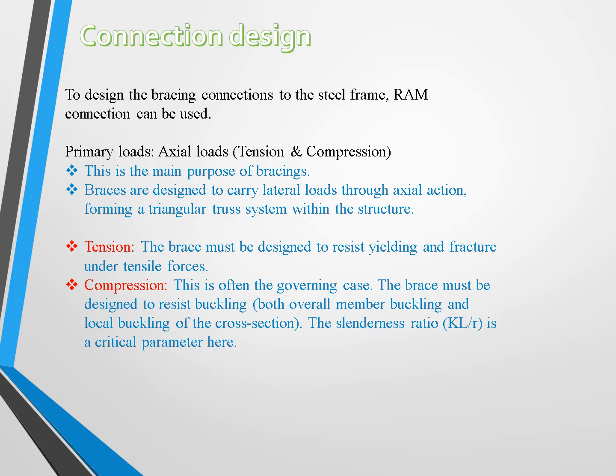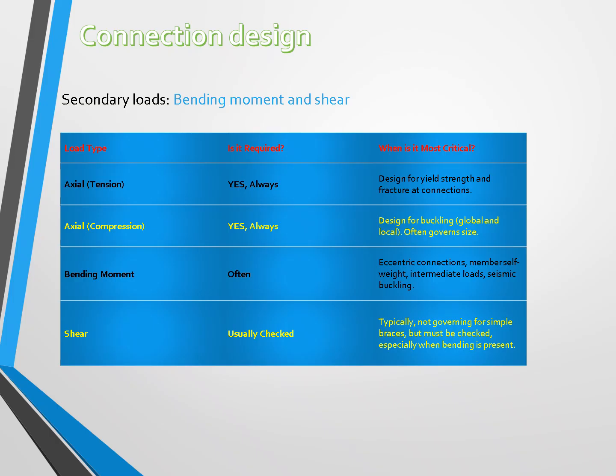K is the buckling factor, L is the length, and r is the radius of gyration. The primary loads are tension and compression, and the secondary loads are bending moment and shear.